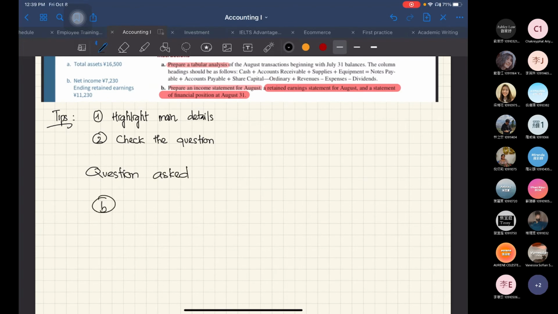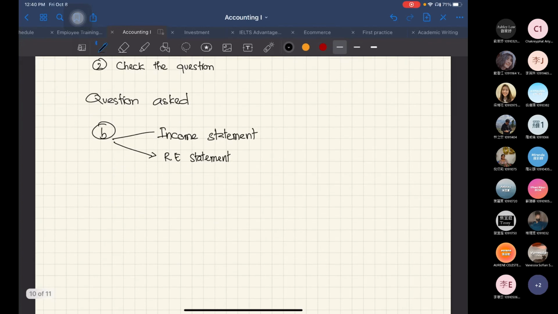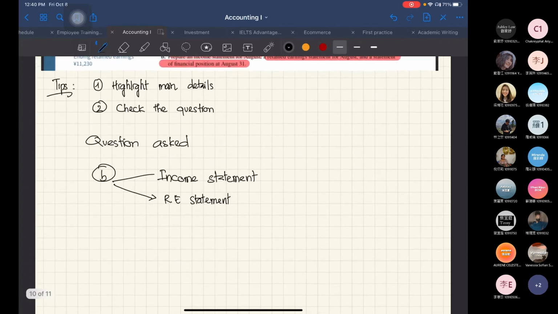Okay, this is number B. Income statement. The second one was the retained earnings statement. And the last one was the statement of financial position. I didn't see any cash flow statement here.